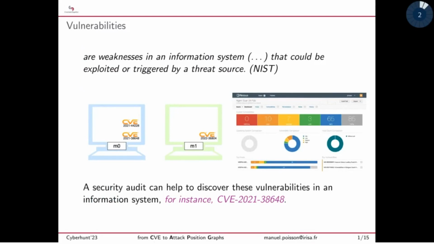Nessus is a security scanner, and it helps to uncover the fact that vulnerabilities are present on the machines. Here we have the ID of a vulnerability. 2021 is the year of the publication, and then the unique identifier of the vulnerability.